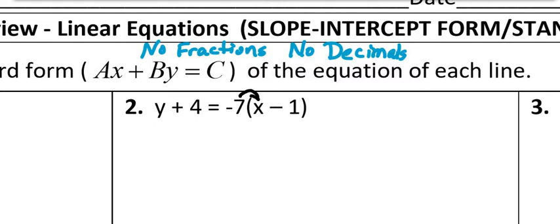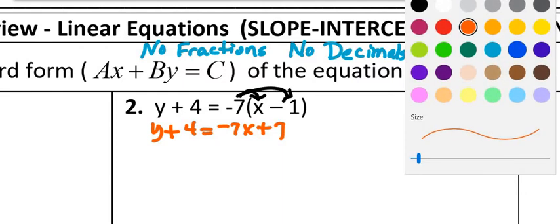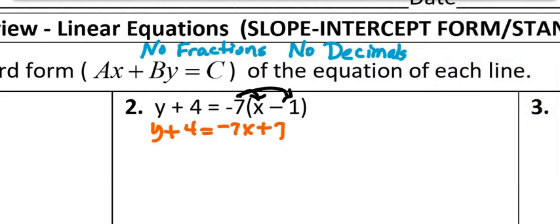Now, when we look at this one, the first thing I see, I'm going to have to use distributive property. So I'm going to get rid of the negative 7. So negative 7 times x is a negative 7x plus 7. It doesn't matter which one you start with first, but I'm going to move the 4 first, so I'm going to say negative 4, negative 4.